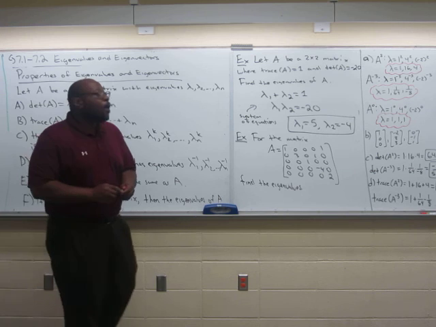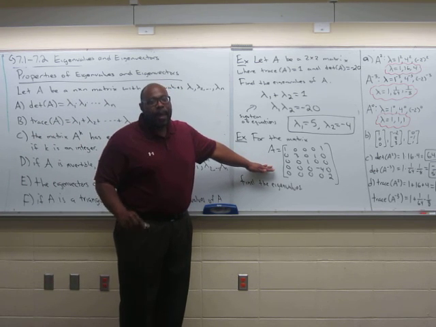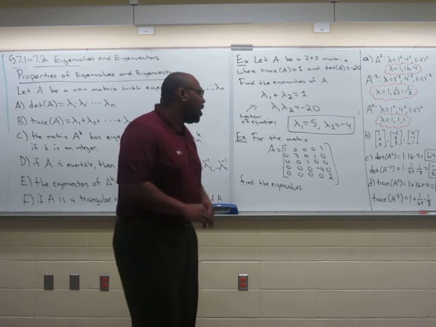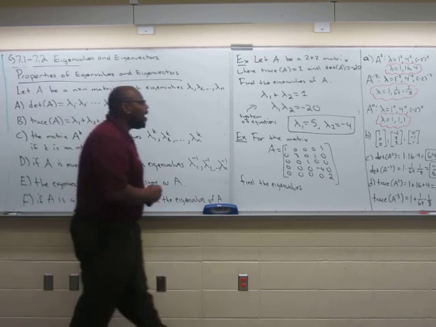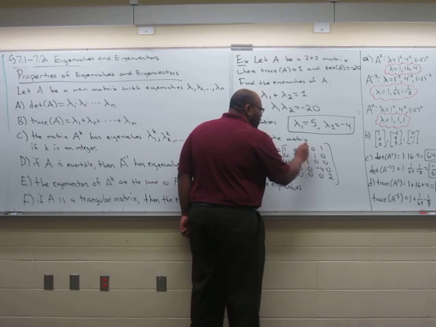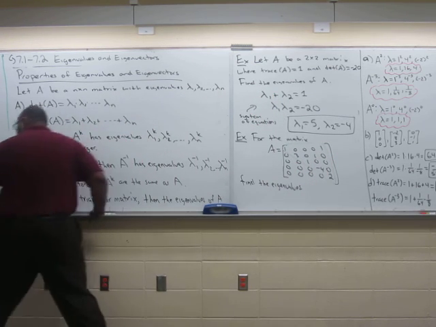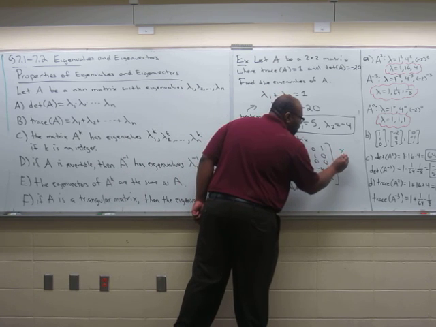Now, if I wanted to, I could find the determinant of A minus lambda I, and then find the characteristic equation and solve for it. I could do that. But then I realized something. Wait a minute. This is a triangular matrix.